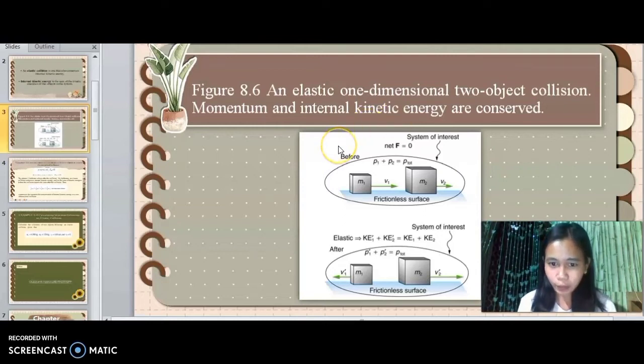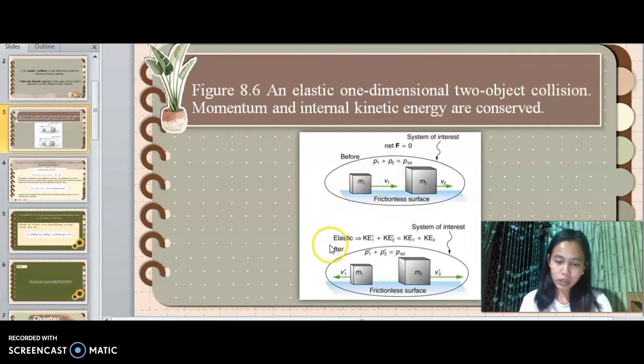So here in figure 8.6, mass 1 pushes forward and mass 2 is facing forward. So there is no collision yet. So that would be P1 plus P2 equals P total. And we need to remember also that in an elastic collision, there is no net force, since the collision here is on a frictionless surface, so there is no external force or friction exerted.